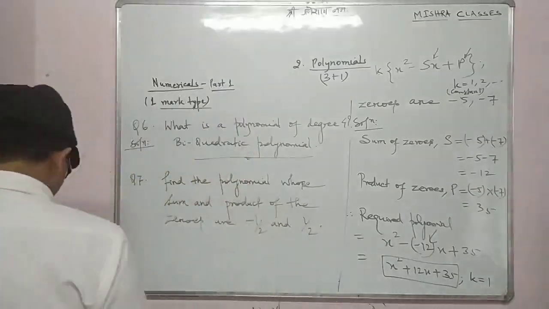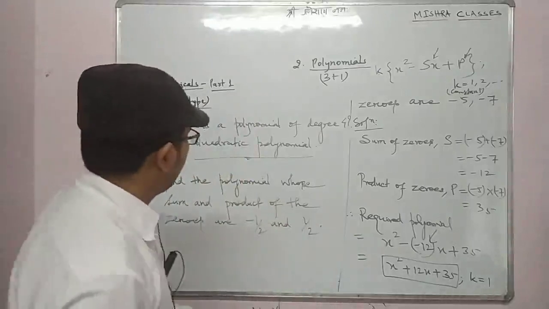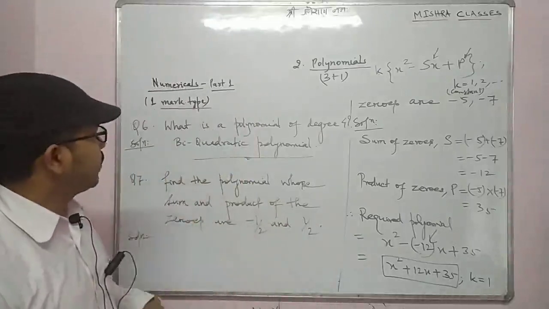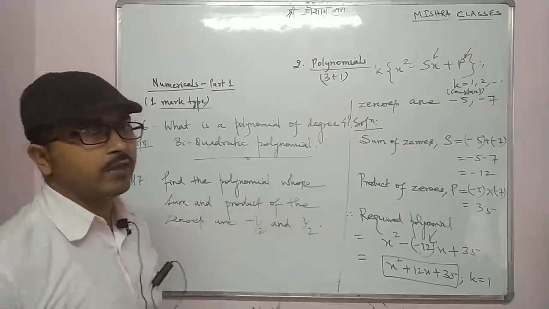All right, minus half and half. So how do we do it? Now in this case, what is happening? Already the sum is given to you. Find the polynomial whose sum and product of the zeros are minus half and half. Is it clear?